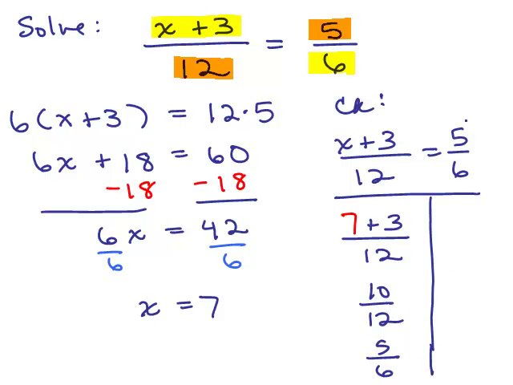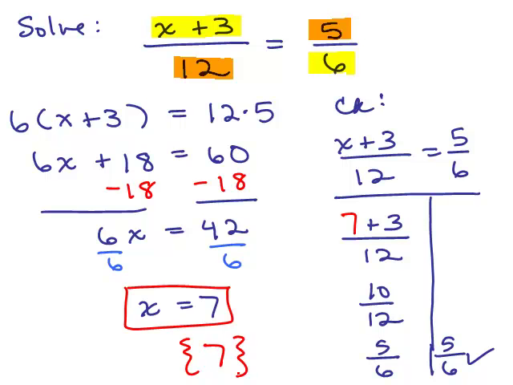Okay, and on the right-hand side, there's no variable, so we just write the number down again. So 7 is a solution. So this is correct, and you can put that in braces to show the solution set. So that's one way of solving this problem.